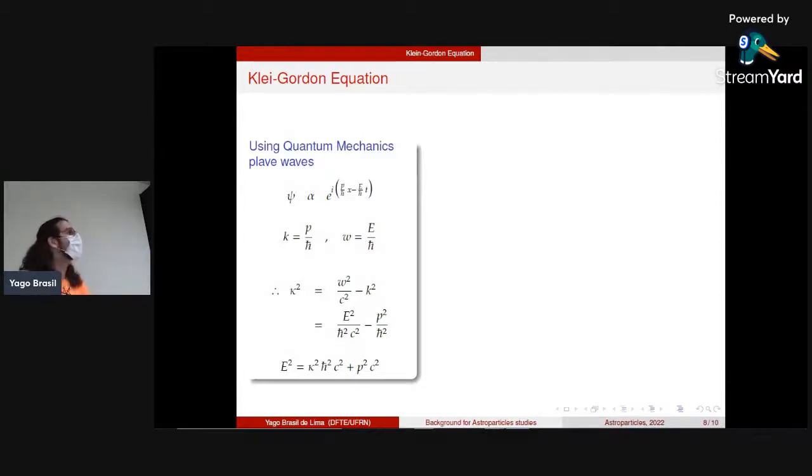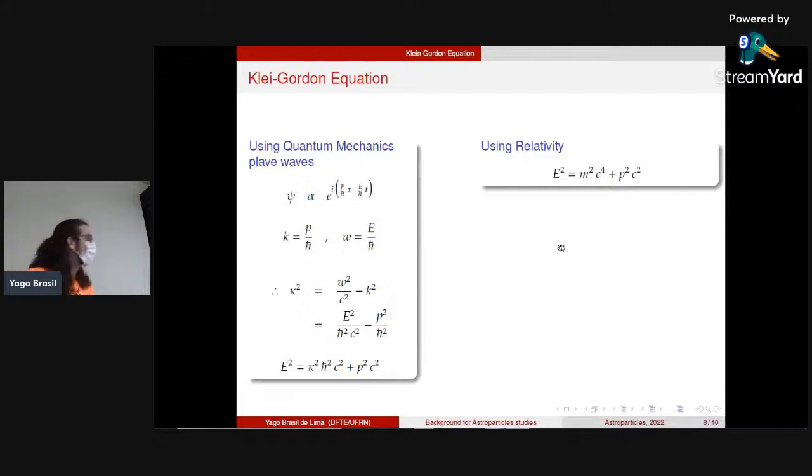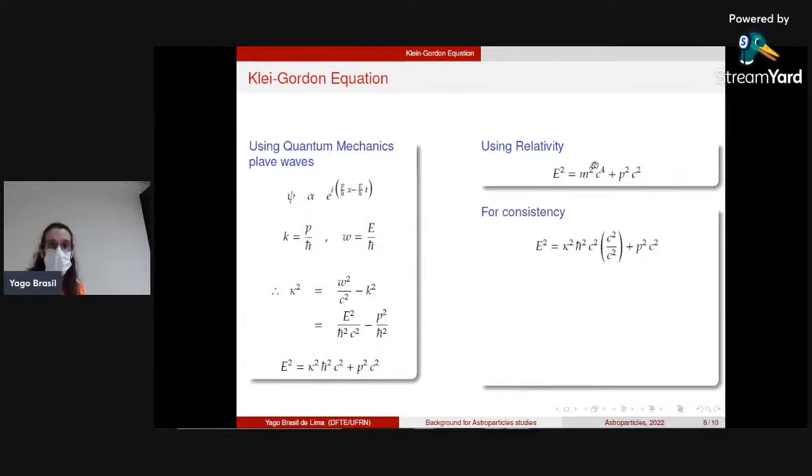But I can use another link to physics. I can use relativity and take the definition of energy in relativity of a particle with a mass m and a momentum p. And to make these two theories consistent, I can manipulate my quantum mechanics expression and arrive at that other scenario.